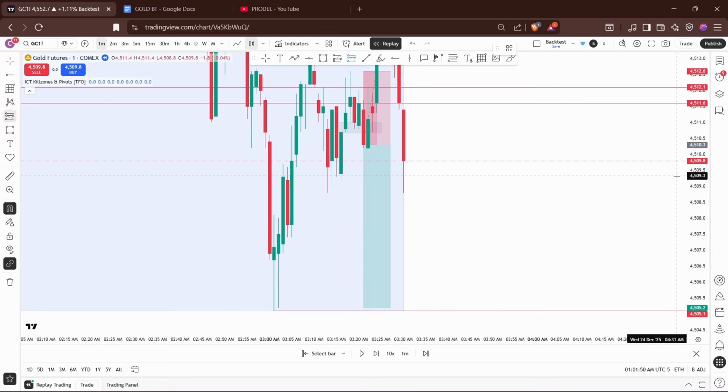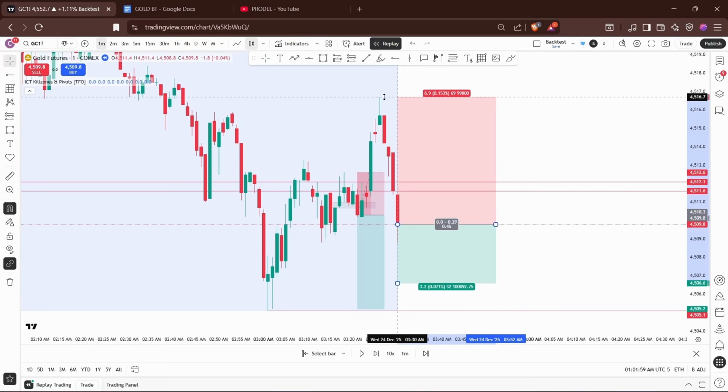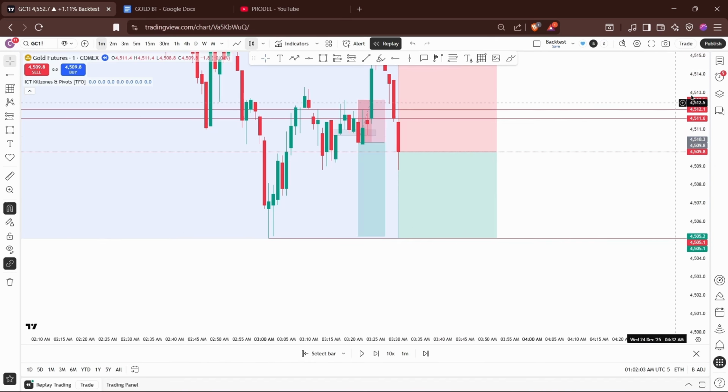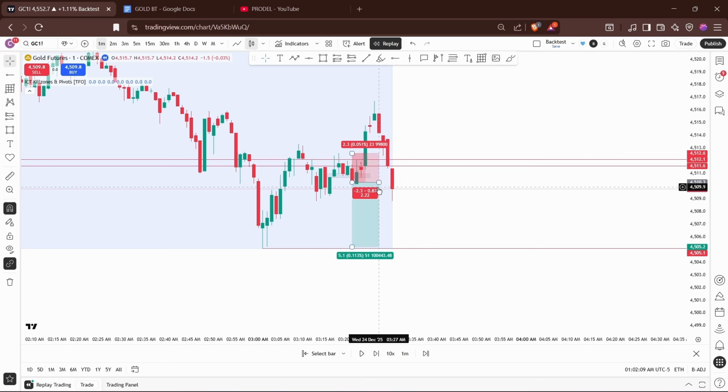It's not closing below the PUI, so the trade will be at this level, and then our SL will be at this level. So there is no 1:1 trade. If you do not find a 1:1 trade, I suggest you do not take that trade.